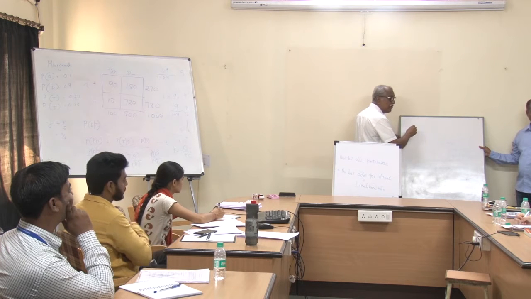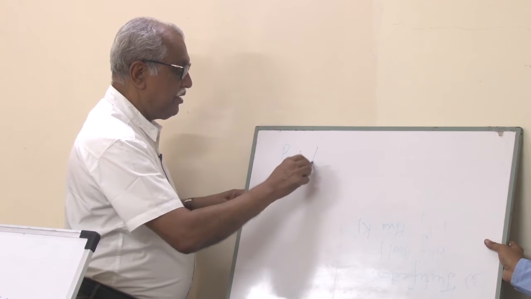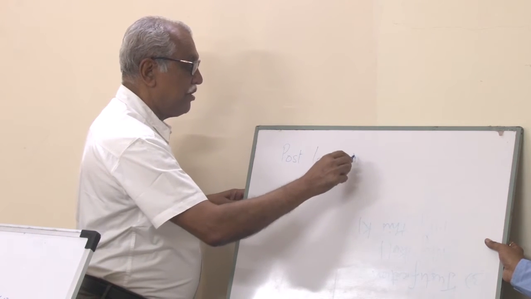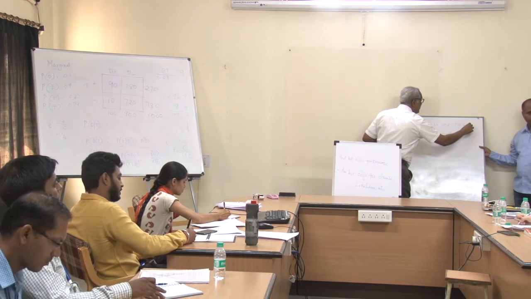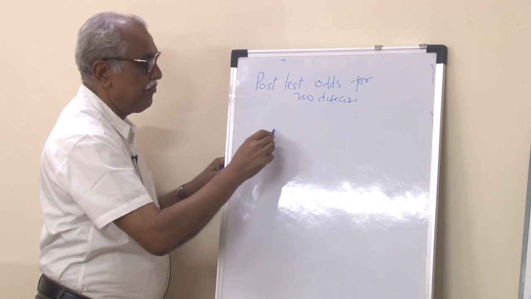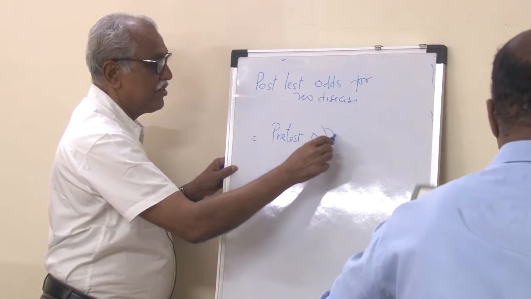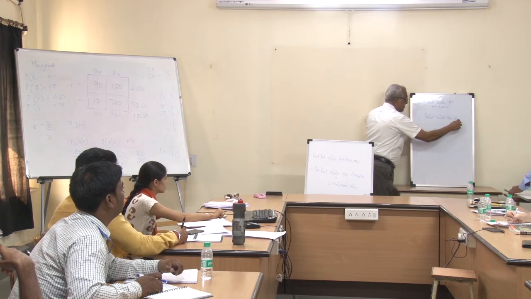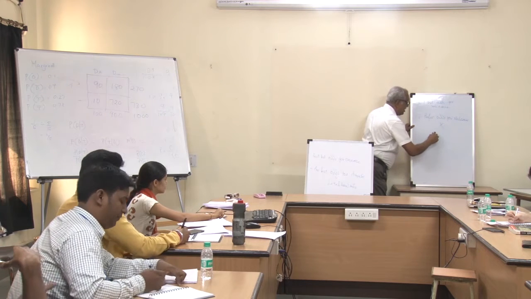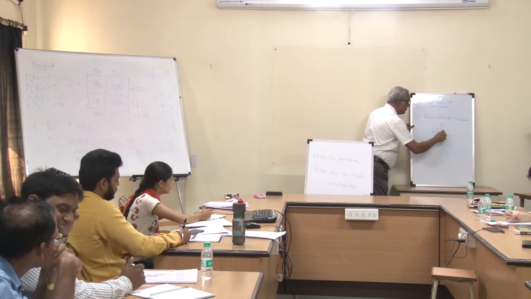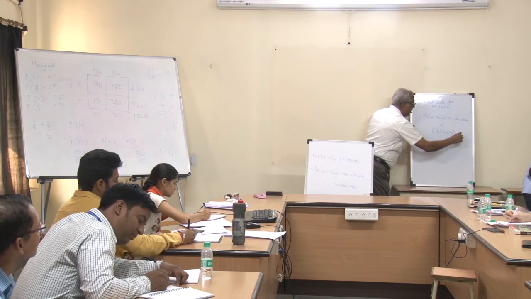And there the rule is: post-test odds for no disease is equal to pre-test odds for no disease times the likelihood ratio of a negative test.